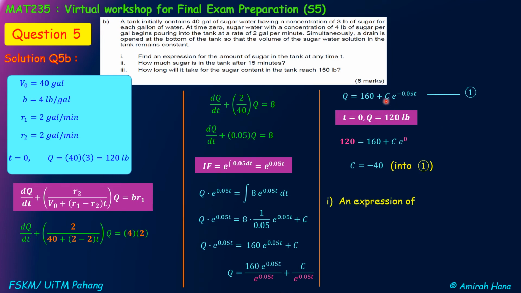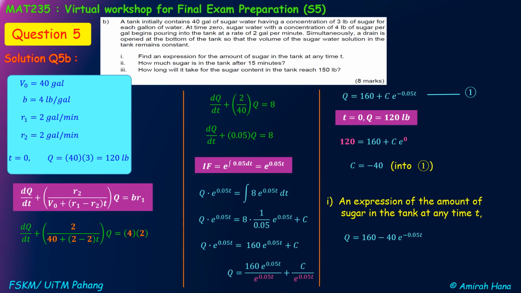So we have number 1, an expression of the amount of sugar in the tank at any time t, is given by Q equals to 160 minus 40 e to the power of negative 0.05t, because we replace C equals to negative 40.